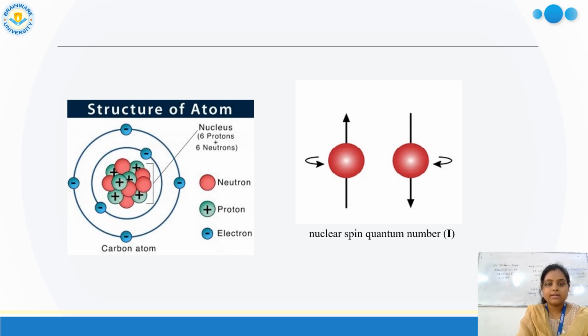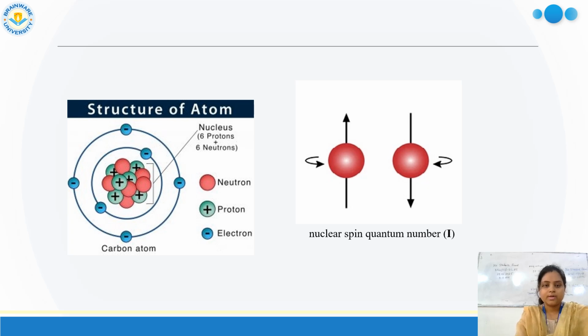In the NMR, the name is nuclear magnetic resonance spectroscopy. Nuclear, the name is coming from the nucleus. So we have to understand the basic structure of the atom, because the nucleus is present in the atom, right? So how does the structure look?